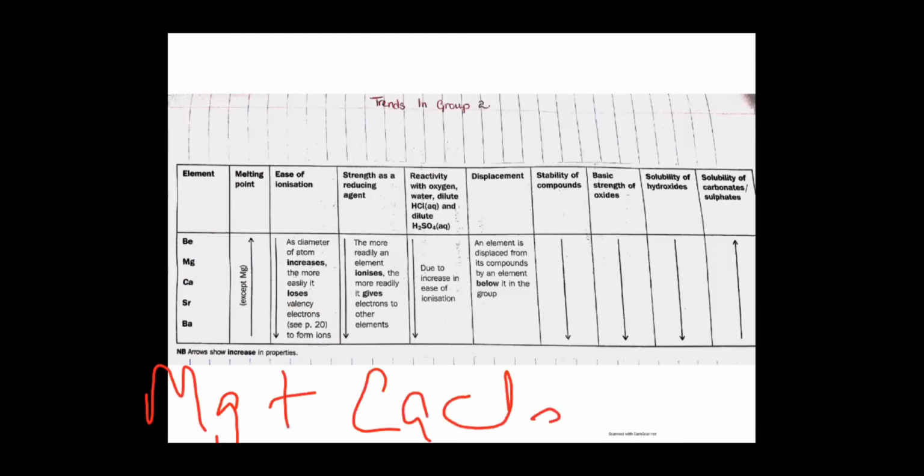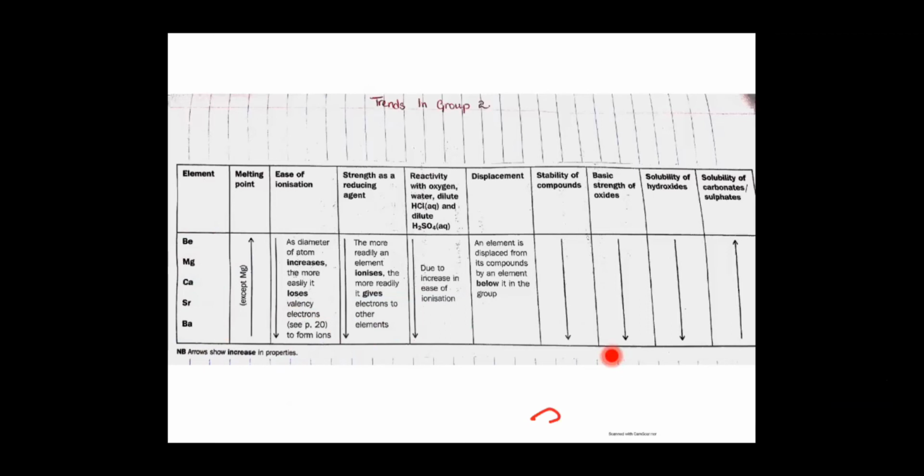Magnesium can't kick out calcium, because magnesium is above calcium in the group. So as a result, it can't kick it out. So reactivity increases down the group. As the elements go down the group, they form more stable compounds.